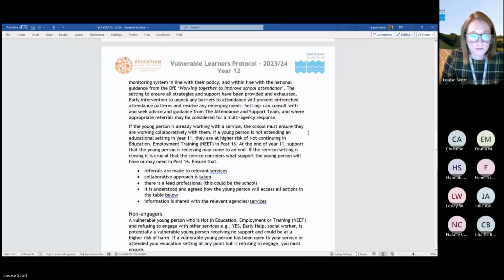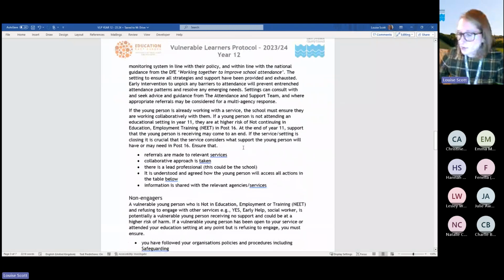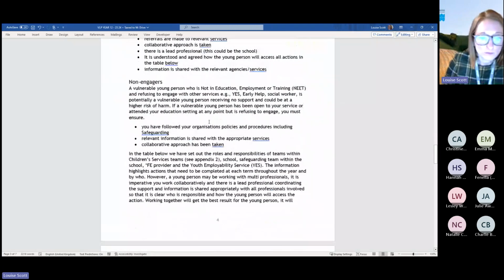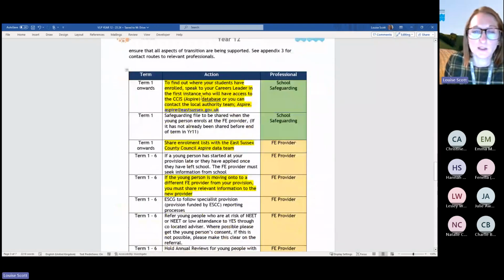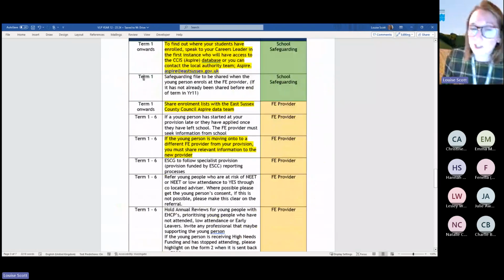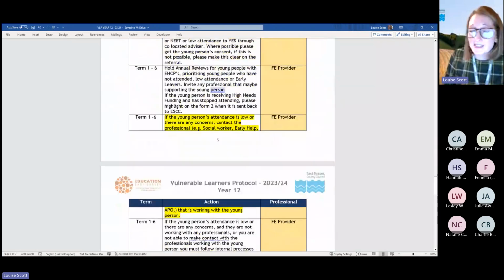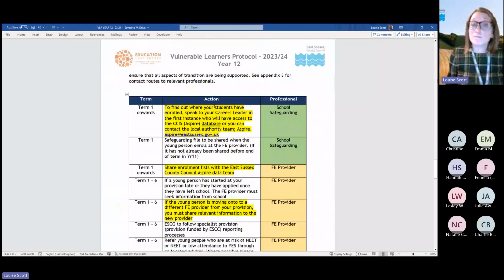Fab. So I will scroll down to the table. Now, as you can imagine, the table isn't as big. There isn't as many actions in year 12. And when you look at the year 9 and year 10 vulnerable learners protocol, you'll see the same.